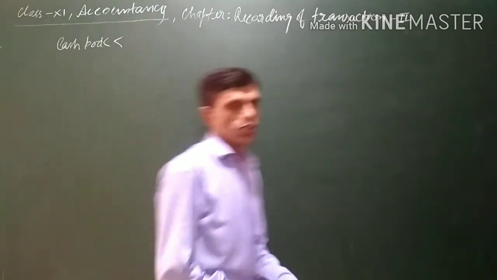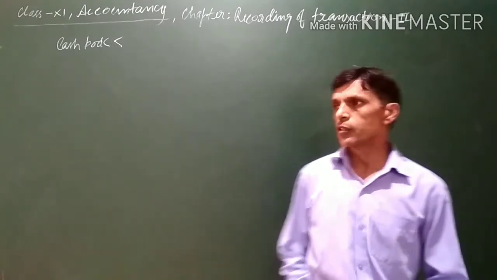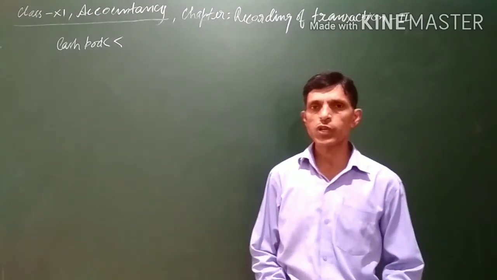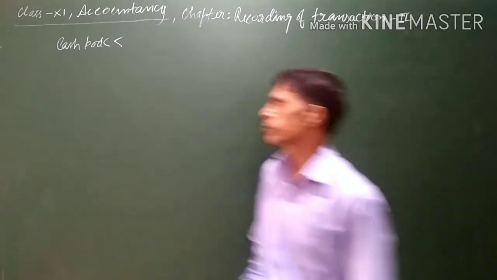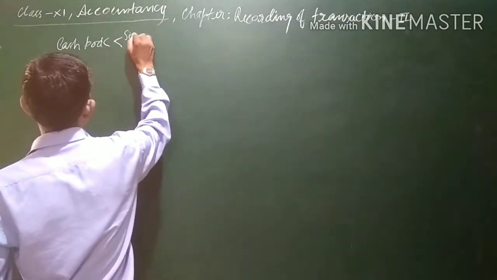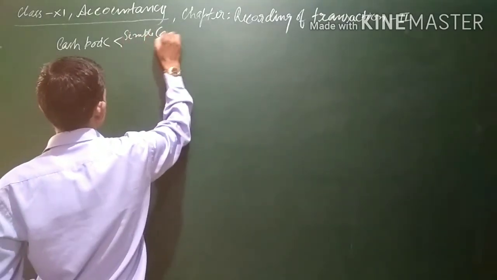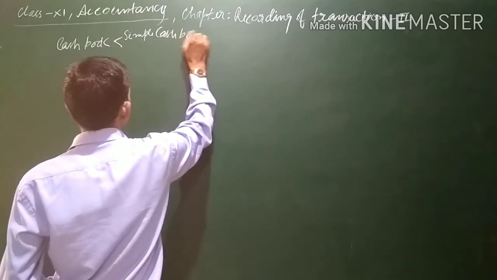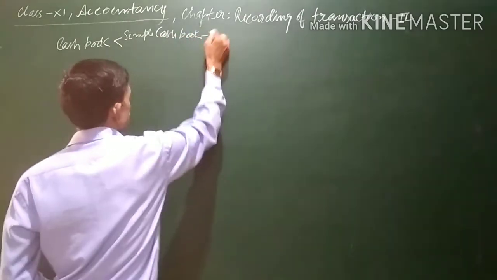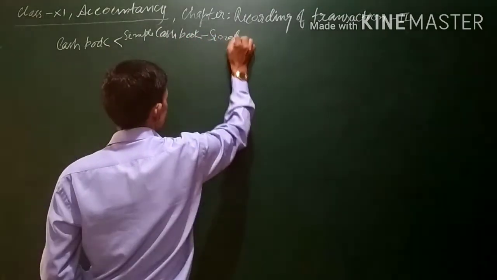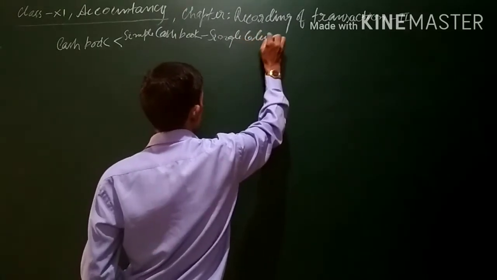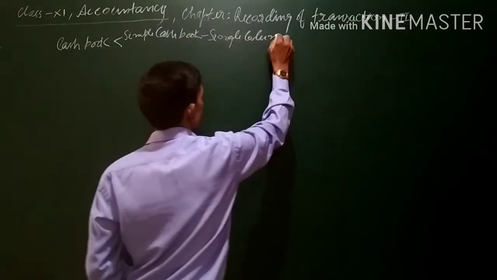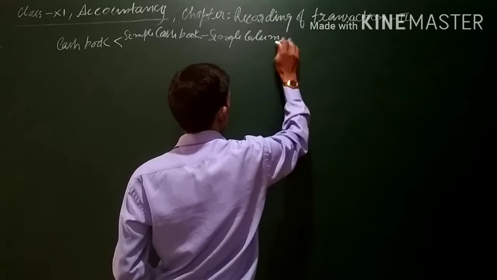Now, in case of cash book, there are two types of cash book, or you can also say three types can also be there. One is simple cash book, or it is also known as single column cash book.